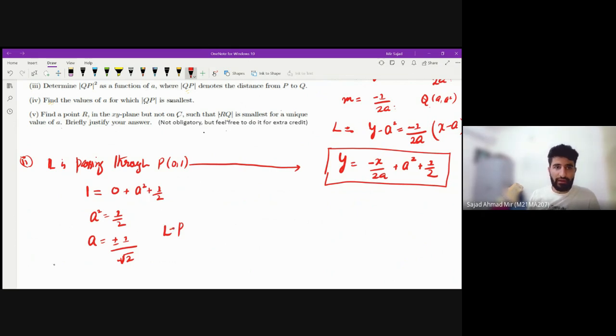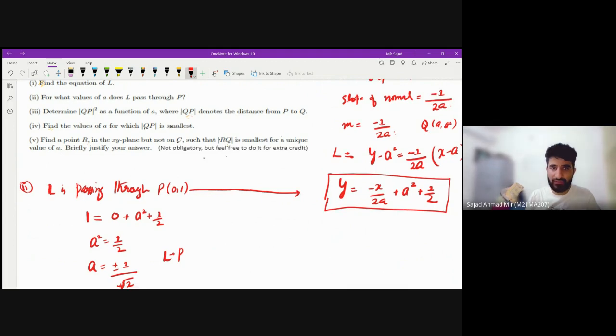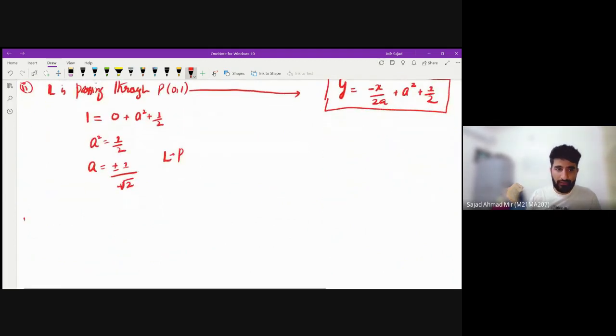In the third part, it's saying: determine the distance from P to Q, denoted by QP, as a function of a, where a is arbitrary. We have to determine the square of the distance QP as a function of a. So how do we know?